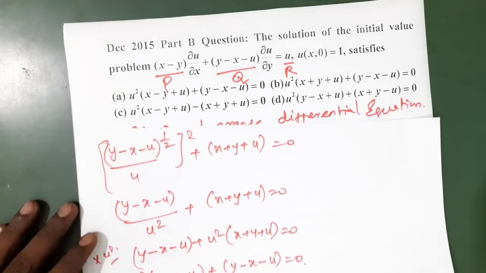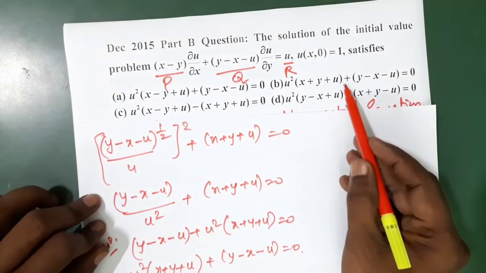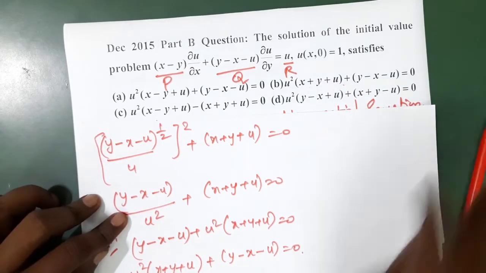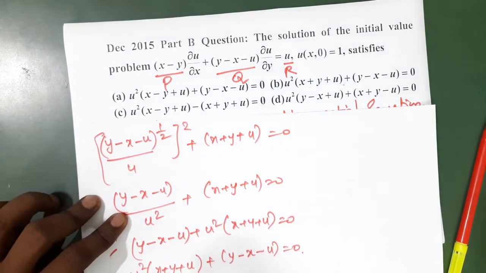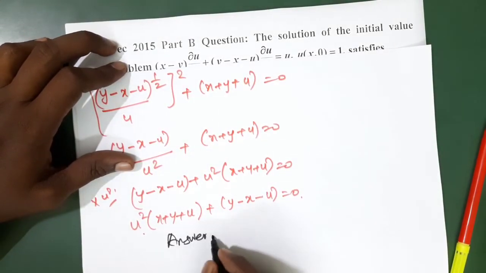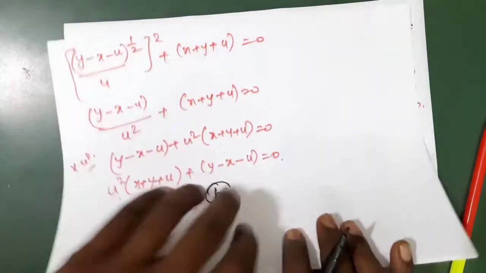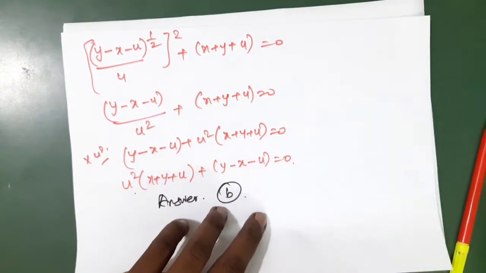What is the choice we have? u square (x plus y plus u) plus y minus x minus u. So the answer is B. Answer is B. Next problem.